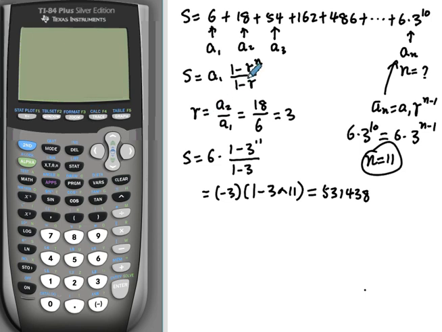And then here we know r, we can input 3 here. Of course, you can find the common ratio by doing 54 divided by 18. You also find the common ratio, which is 3. Again, you can choose any two consecutive numbers to find the common ratio.